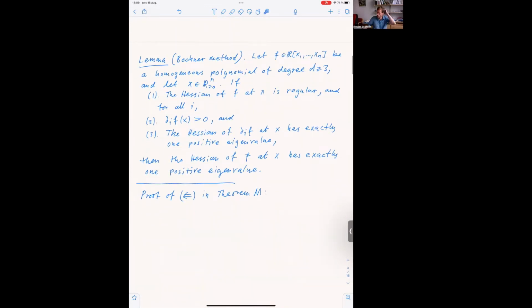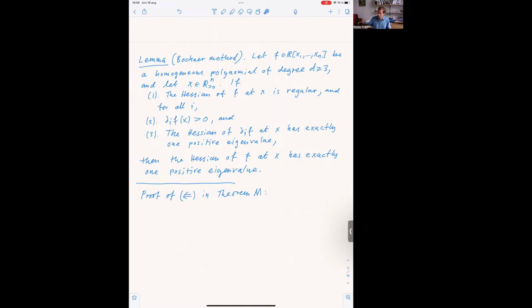So we're left with proving the other direction, that these conditions M and L, I call them, right? That these conditions M and L imply that the polynomial is Lorentzian. And for this, we will use this Bochner method. And this Bochner method says something of this sort, right?